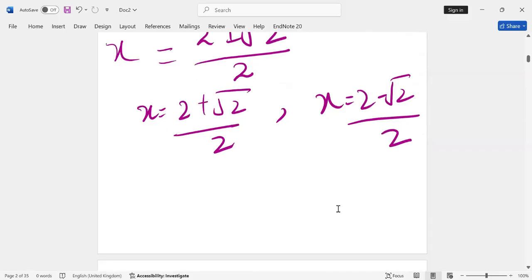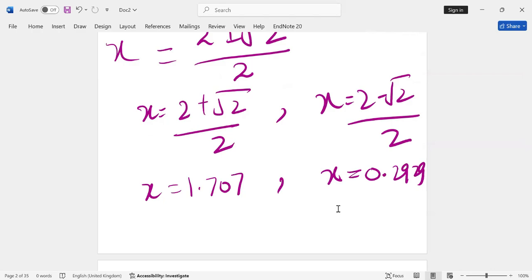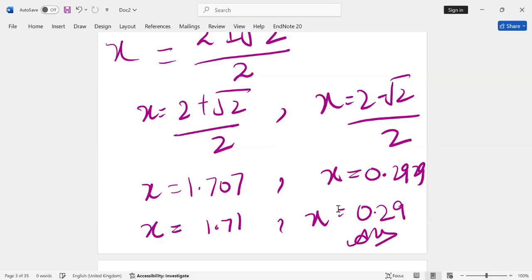So when you're solving this, we have the value which is equals to 1.707, and when you're solving the other, we have the value 0.2929, right? So we just have to place the values up to 2 decimals. So I'm writing here x equals to 1.71 and x equals to 0.29. All right. So this is the required answer for this question.